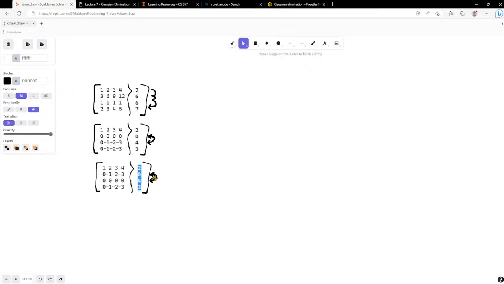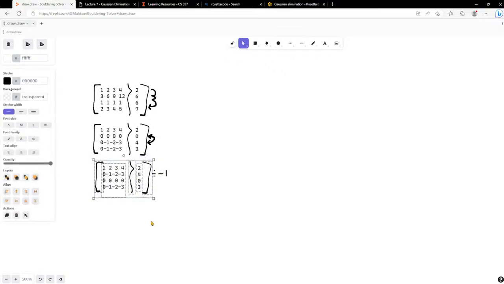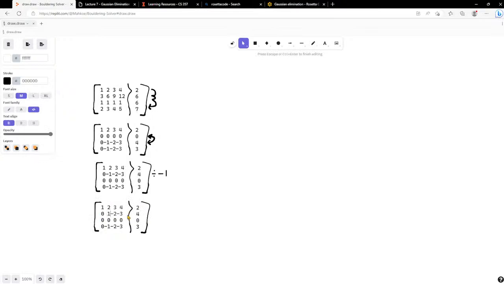The 4 comes up here. 0 goes down there. And then here we divide by -1 to get this.